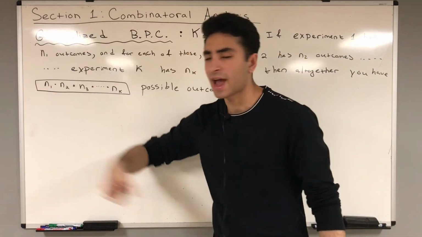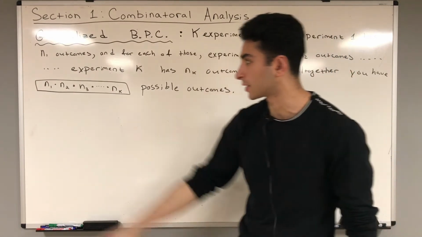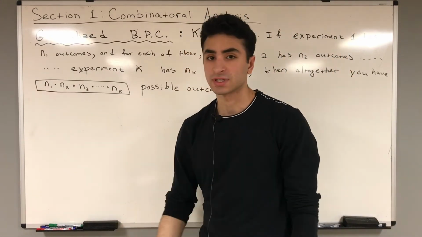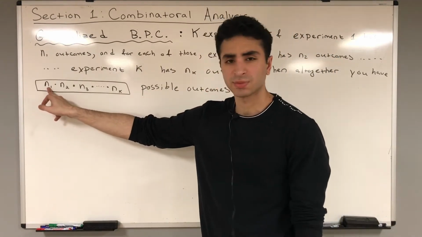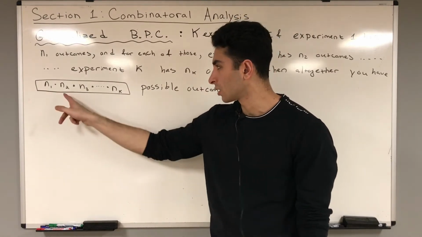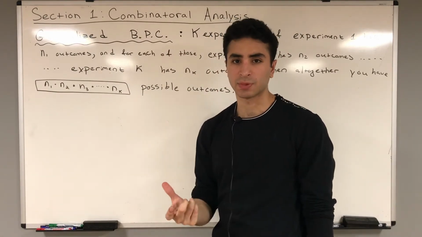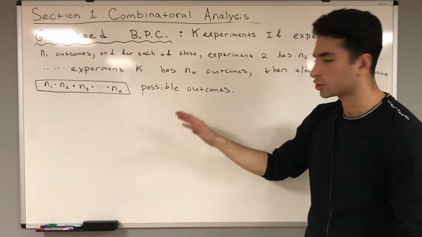And then the n is the actual number of outcomes for those experiments. So in the first example when we had 6 times 6, the 1 refers to the first experiment, and the n refers to our 6 outcomes. The 2 refers to our second experiment, and the n refers to our 6 outcomes. So that's how you should look at it.